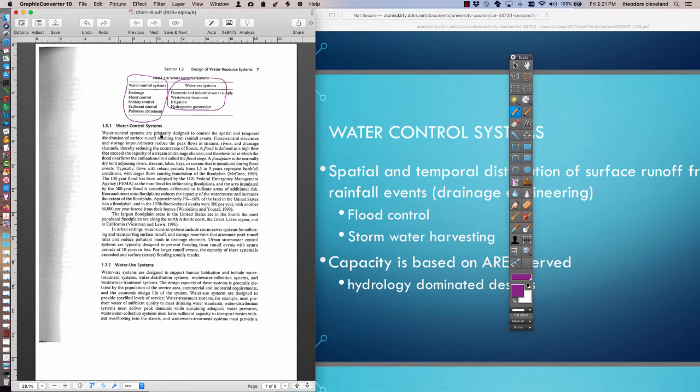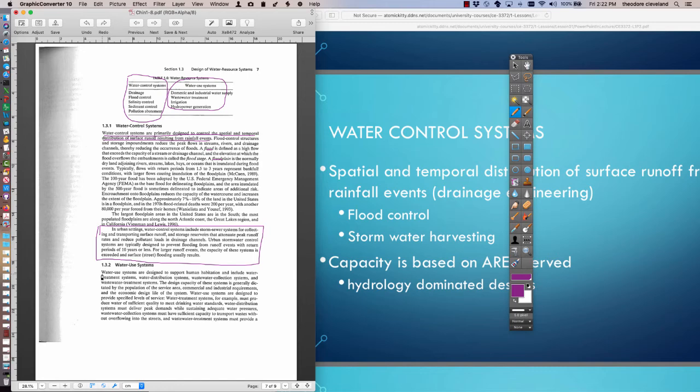Water control systems are designed to control the spatial and temporal distribution of surface runoff. Examples are floods, floodplains, and so on. And at the end of this section, the author provides some contextual examples of water control systems.